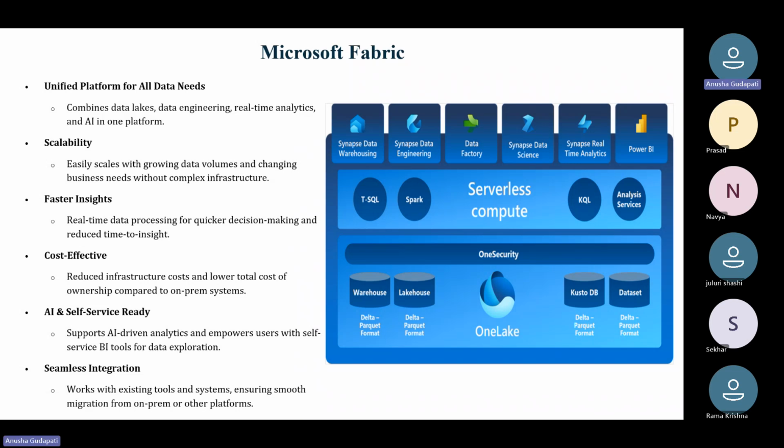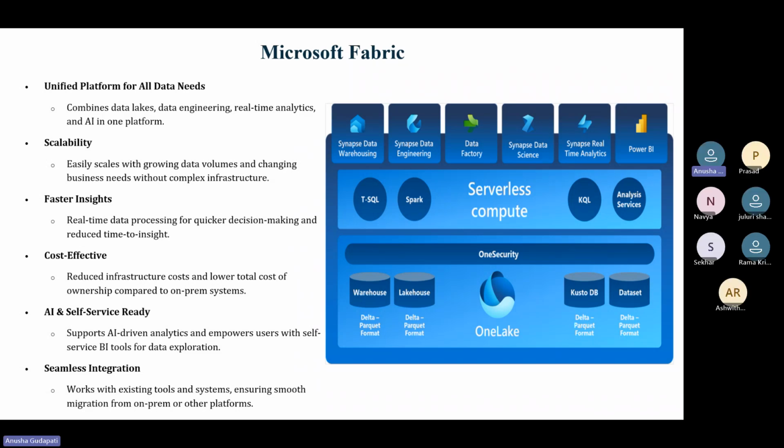According to my understanding, from my experience with Fabric for more than 1.5 years now, Fabric could be primarily understood by four core functionalities. One that we have discussed just now is your SaaS product, where you have everything in one place.